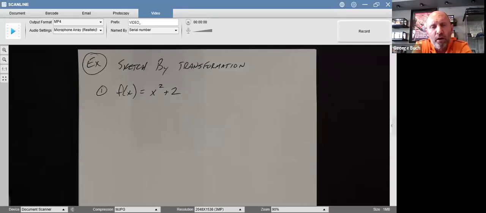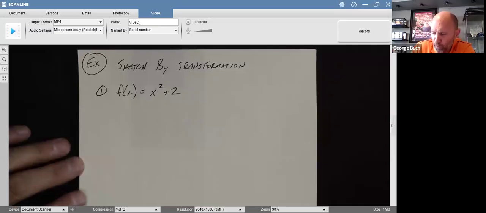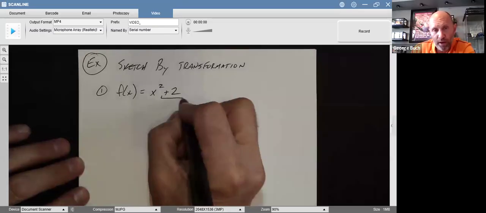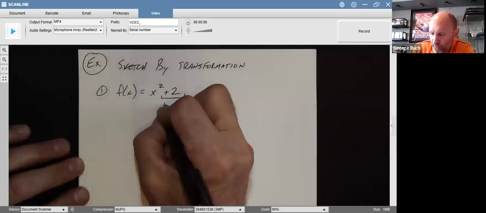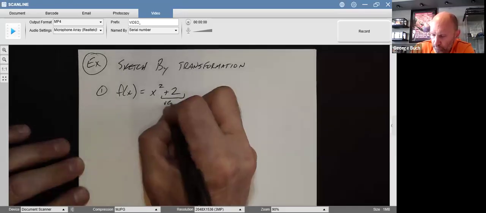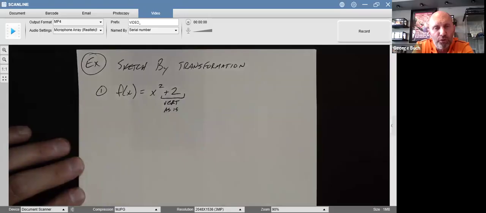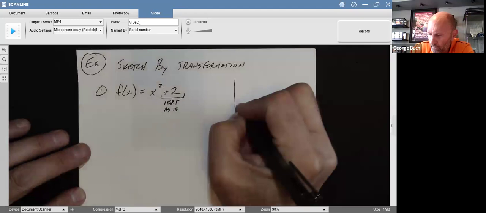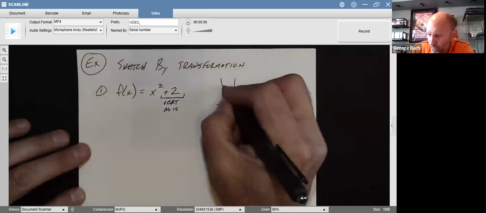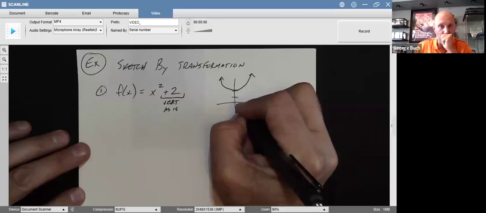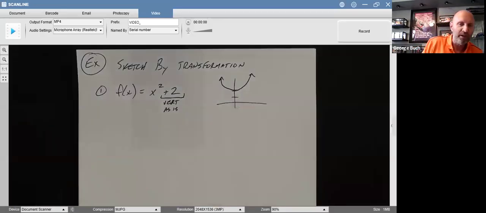But from our content video, we know that when our number is outside the function, this is our vertical shift, and it's as we see it. So this means it's a vertical shift of +2, or up 2. So it's just a parabola that, instead of having the vertex at the origin, is shifted up 2 units. And that's what that one would look like.